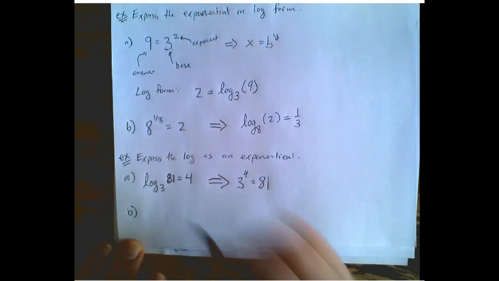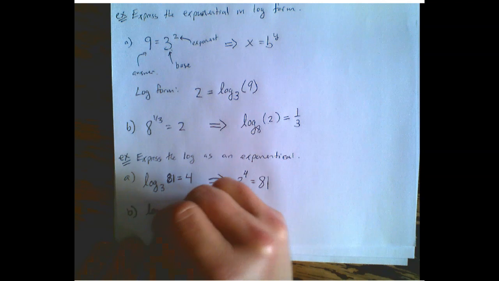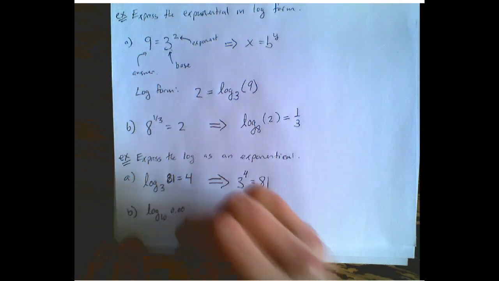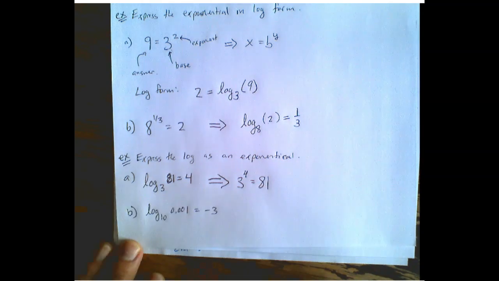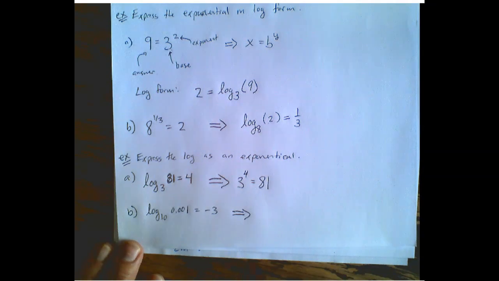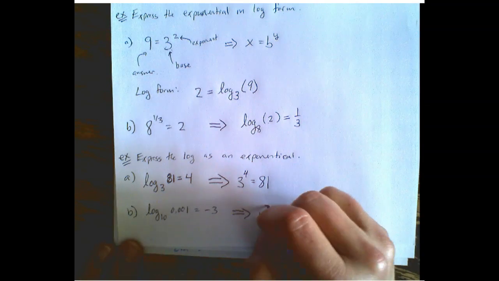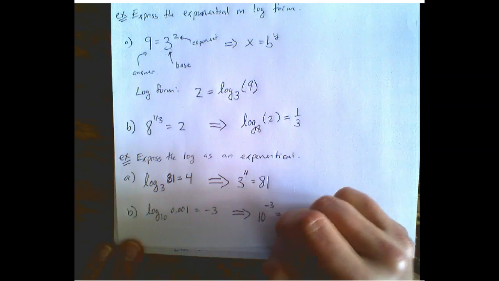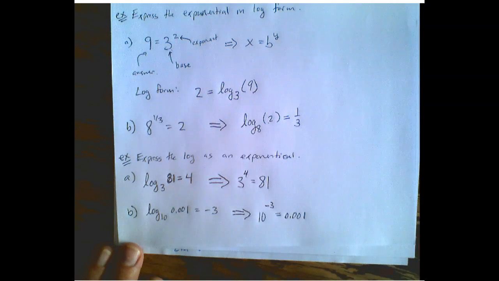And last up, let's do log base 10 of 0.001 equals -3. This transfers to exponential form as we locate the base, that's 10. The exponent is just the other side of the log, equals 0.001. Well, this is absolutely true, right?